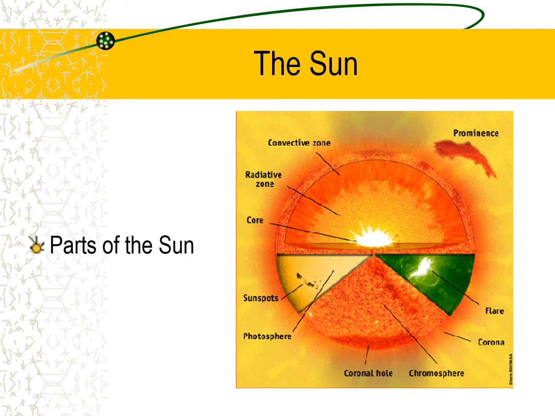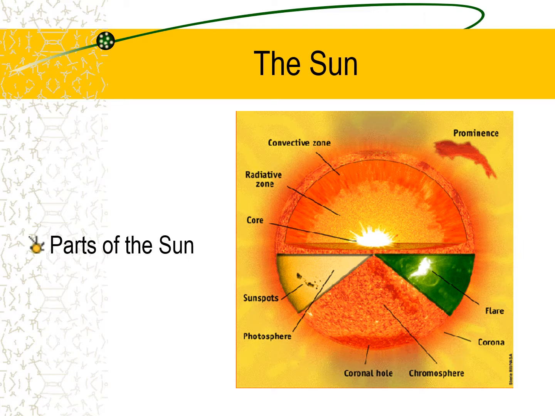Okay, so let's talk about the parts of the sun. If we start at the center, we have the core. Surrounding the core is what we call the radiative zone. Around that, we have the convective zone. Above the convective zone is the surface, which is the photosphere. The sunspots appear on the photosphere.